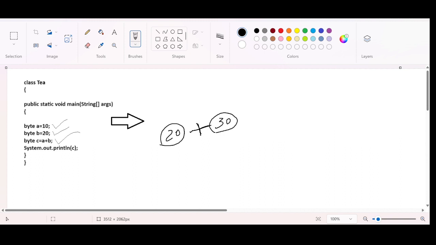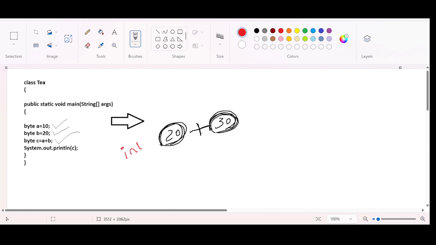By default, Java is going to accept any number on the left hand side or the right hand side, no problem, but make sure that these two numbers are stored in the integer data type. Only if you do that, I will accept.